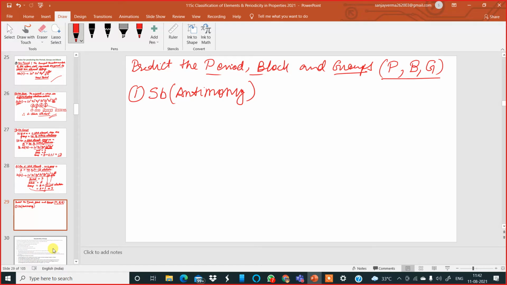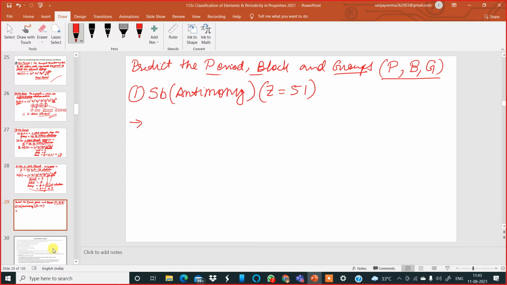Antimony has atomic number 51. Now all of you, please write down the electronic configuration of antimony by following the above principle. I am also writing.